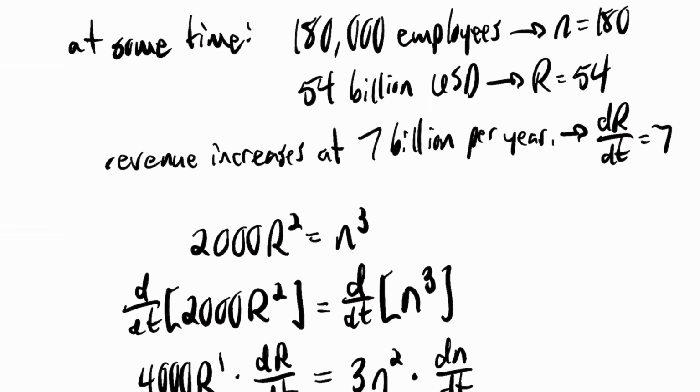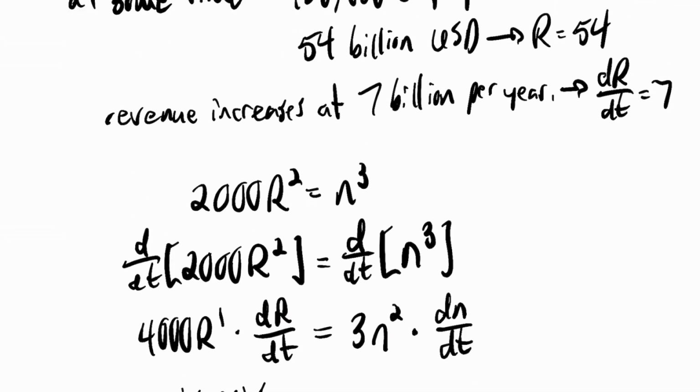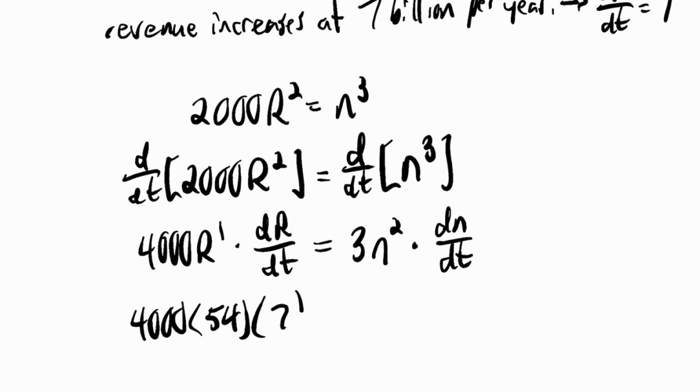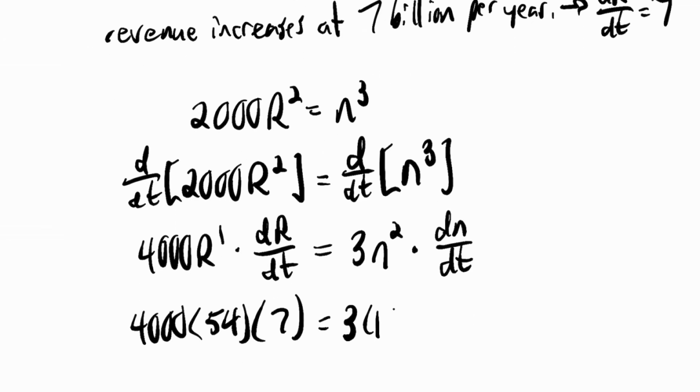Okay, so n is 180, r is 54. So 4,000 times 54, dr dt is 7, and n is 180. Okay. And dn dt, that is what we're looking for, the rate of change in the number of employees as a function of time.